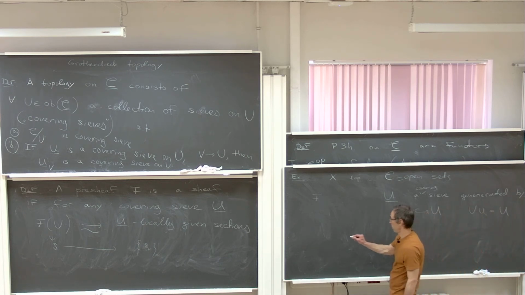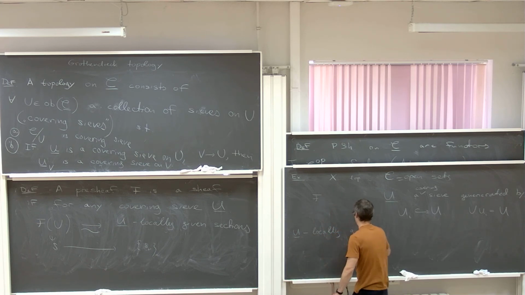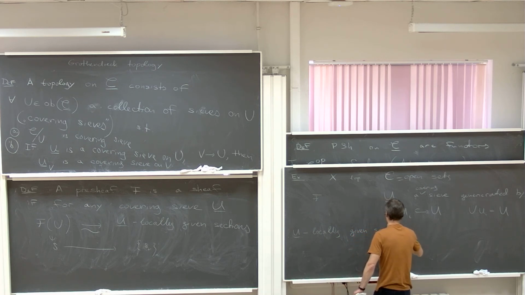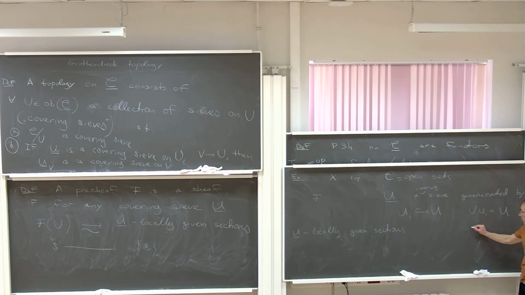I claim that a locally given section consists of the following. First of all, you need sections on Ui.